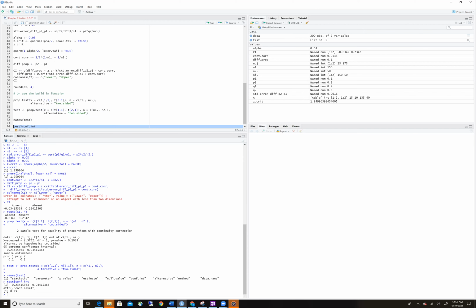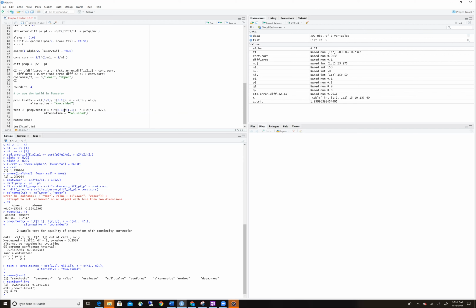All right, if you notice, these are reversed comparatively, right? They're very similar, but it's reversed. And that's because of the way that I put it in prop.test. If you want to get exactly what the book got, let's just rename that test and let's switch these T21s and T11s.